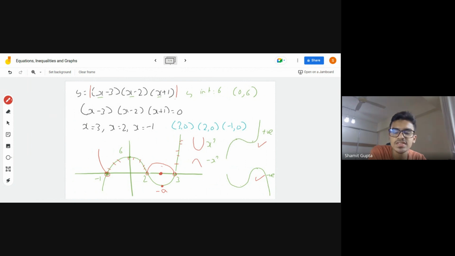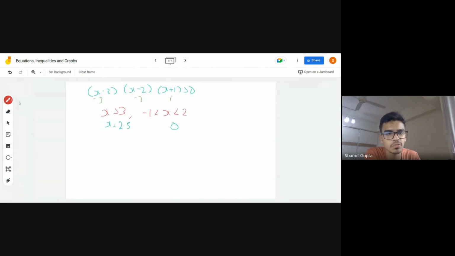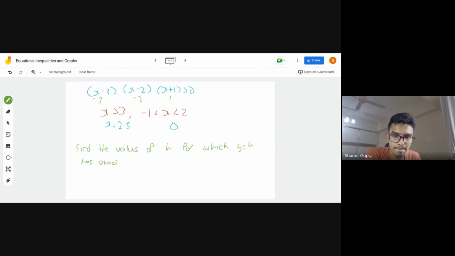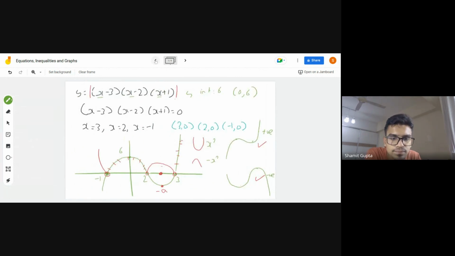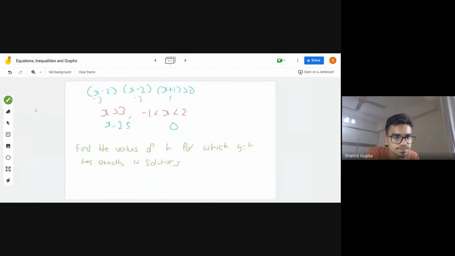The question is, and this is a common one-marker: find the values of k for which y equals k has exactly 3 solutions.